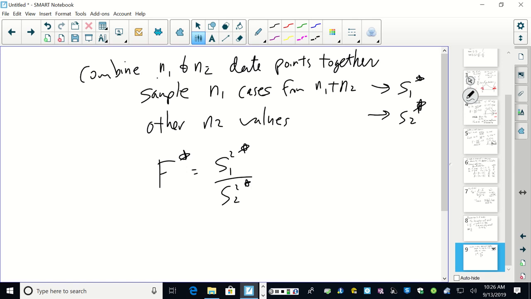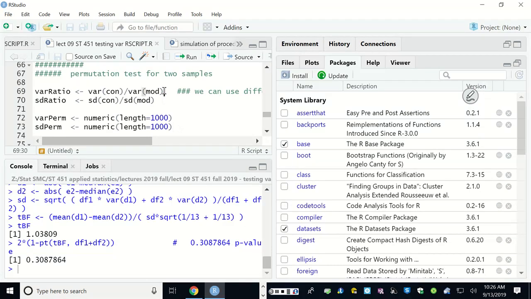And if we do this many times, we will get a sampling distribution. We will get a distribution under the assumption that they're equal. Now, that's what I've programmed in here. And as I'm thinking about it, we might discuss doing it just a little bit differently.